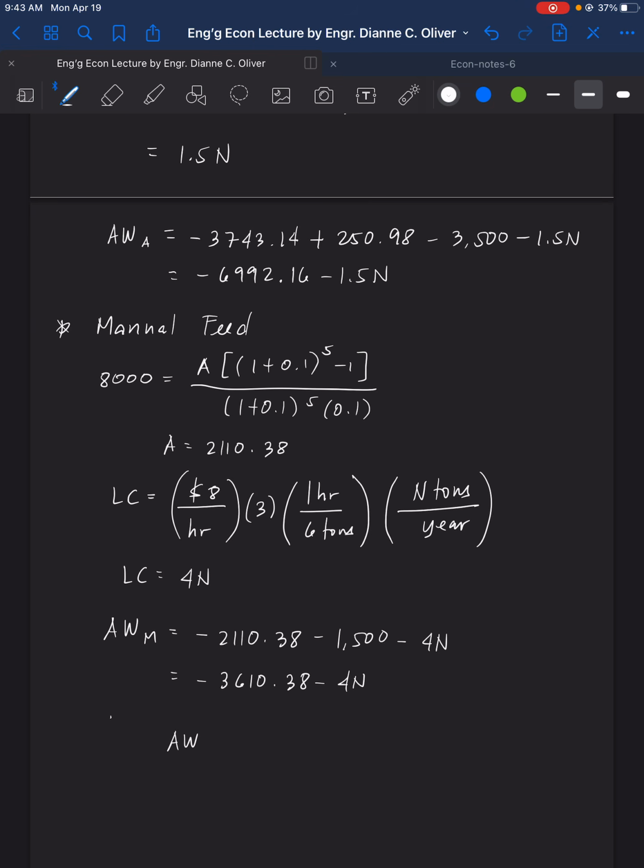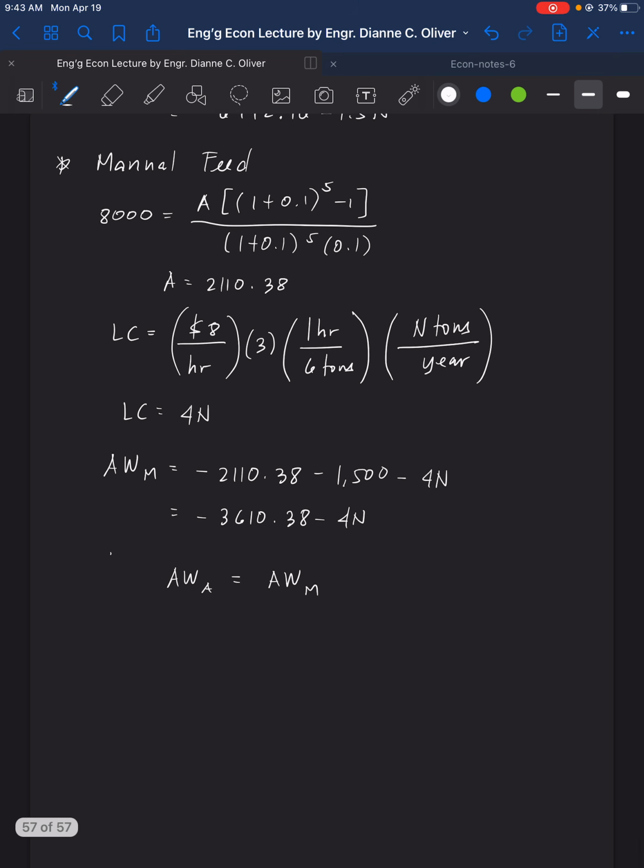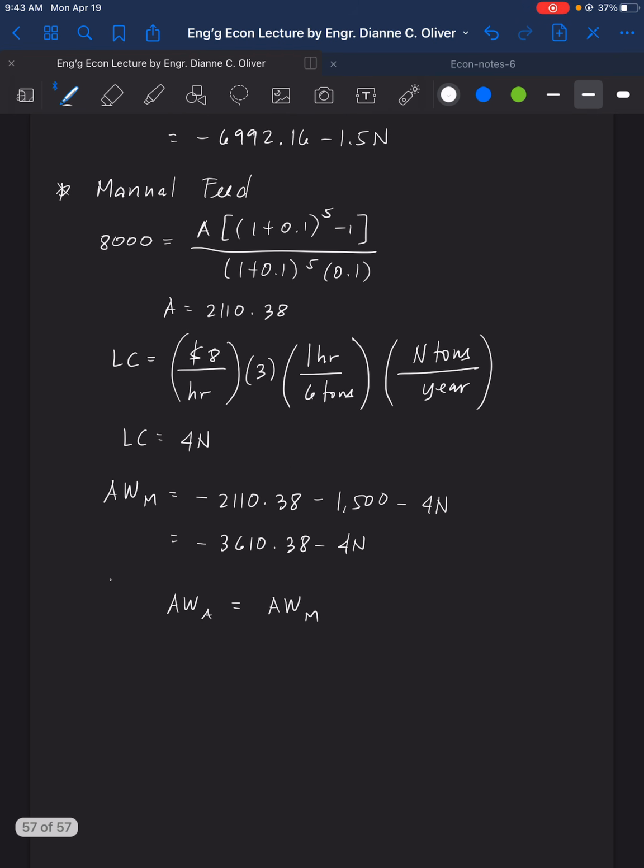Okay, let's equate AW annual equals AW manual for the break-even point. So for AW automatic, negative 6,992.16 minus 1.5N equals negative 3,610.38 minus 4N.